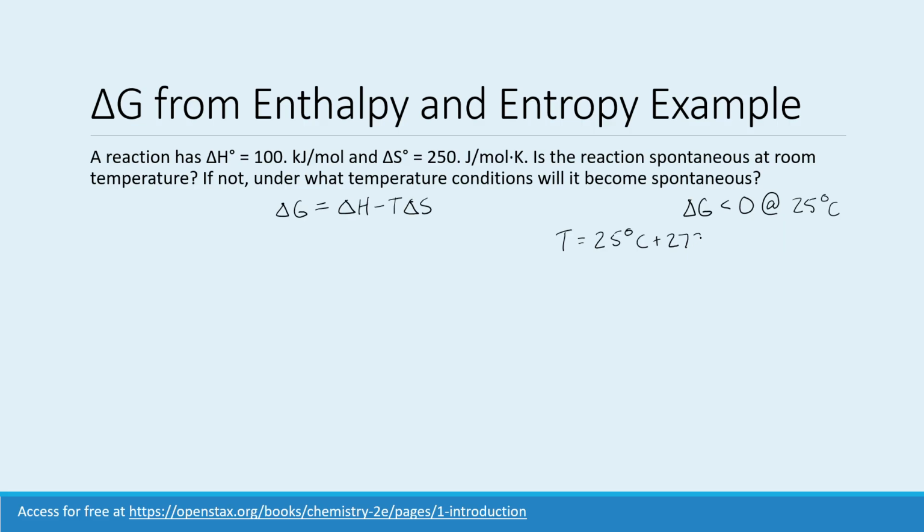We're going to go ahead and add that 273.15 to give us 298.15. Now, of course, only the 298 is significant because of the ones place from the temperature of 25 degrees Celsius, but that's not going to limit our sig figs anyways.